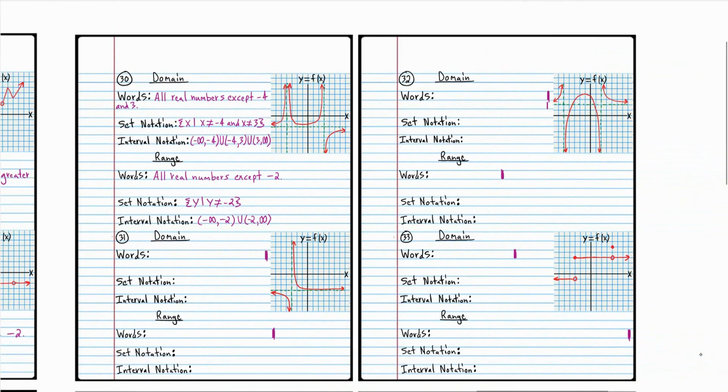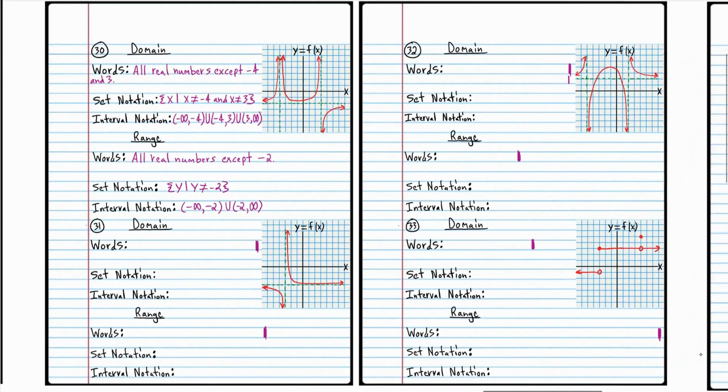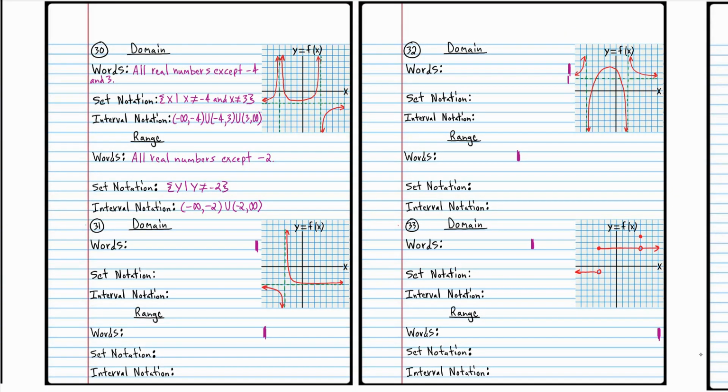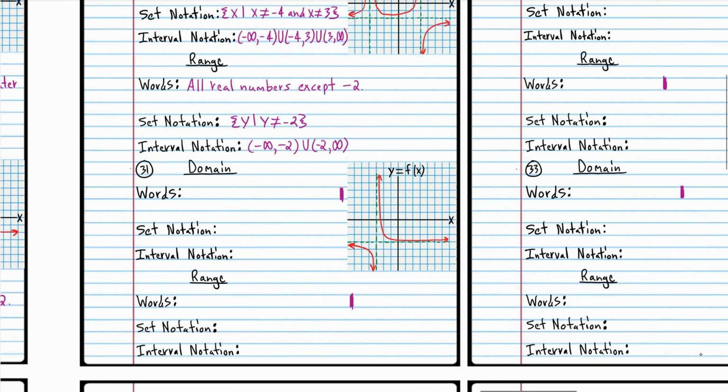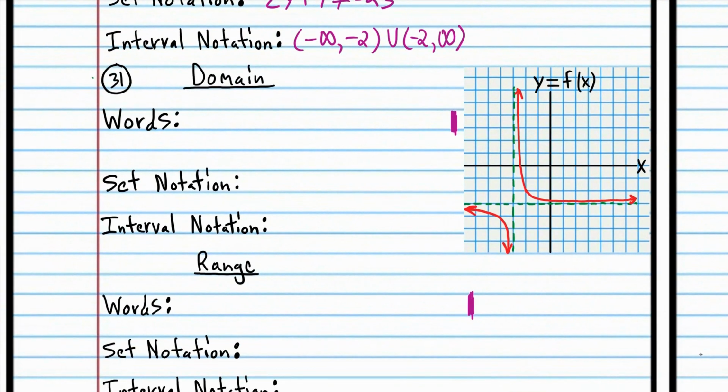Okay, so now it's time for you to try attempt number 31. When you come back, we'll do it together. Okay, we're back. The domain is all real numbers except -3. So if you got that right, good job. It's the set of all x values such that x is not equal to -3.